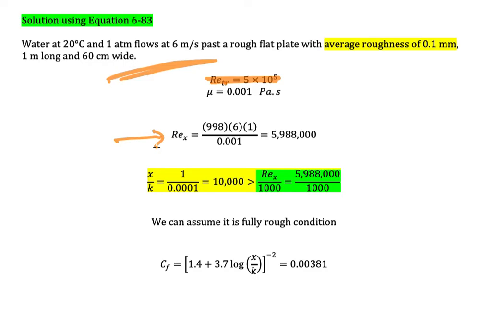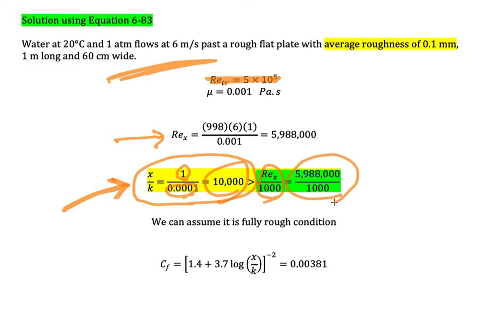Now, if you want to use this simple calculation, you need to check whether it is a rough condition or not. The idea is very simple. We just check the value of x over k. The length is 1 and the surface roughness is 0.0001, so we get 10,000. Then we compare with the Reynolds number over 1000.